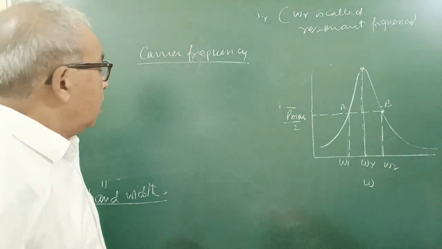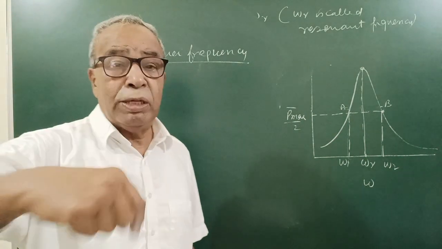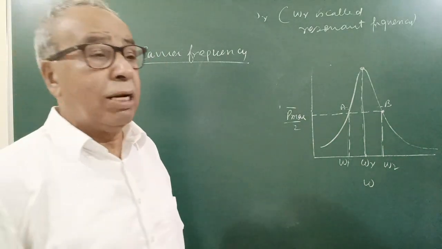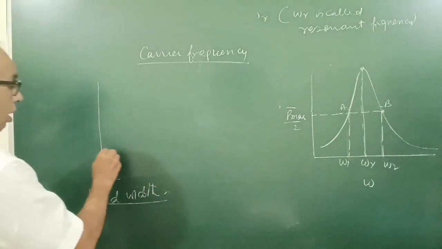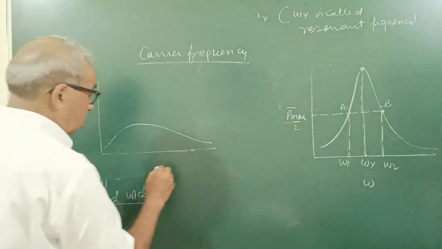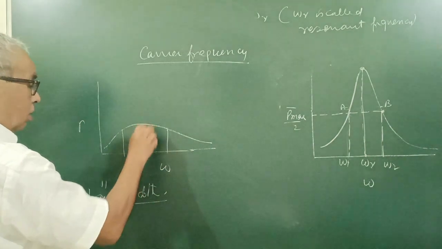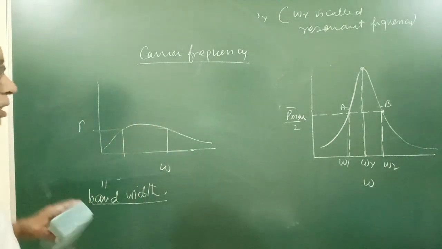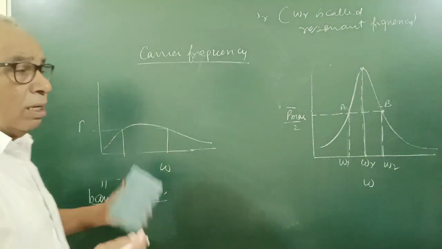In our radio circuit, there is an LC circuit whose frequency can be changed by changing L or C. But suppose the graph of frequency and power is flat. Then the power is maximum for all these frequencies, and in this range there may be many channels.